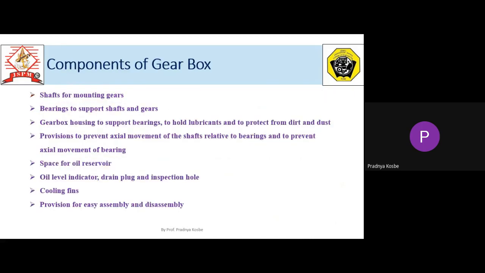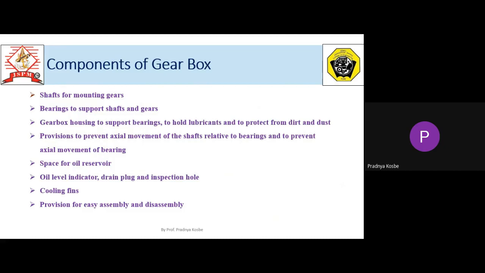Then the components of a gearbox. First, a shaft is required. As power transmission takes place with the help of shafts and gears, we need shafts for mounting gears, then keys, and bearings to support shafts and gears.